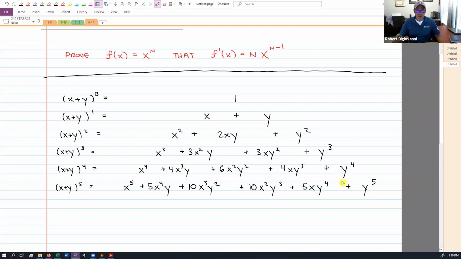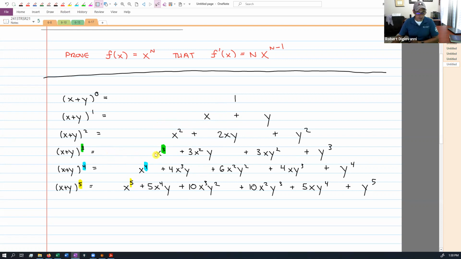Let's talk about x's first, okay? Let's talk about x's for every single one of these rows. The power on the x on the far left matches the power we have here, right? Those powers match.